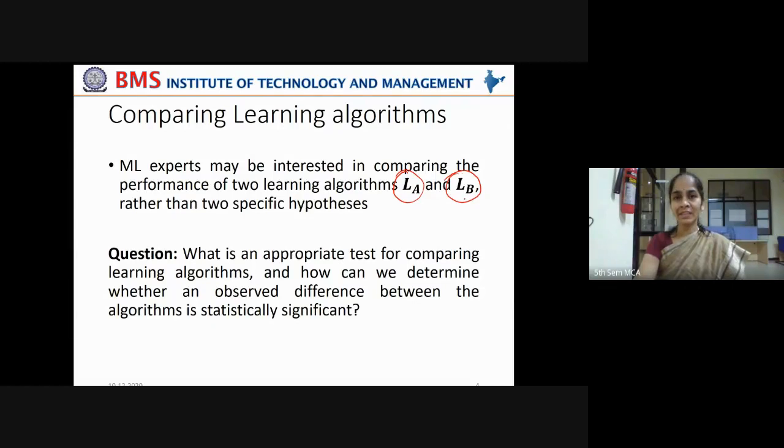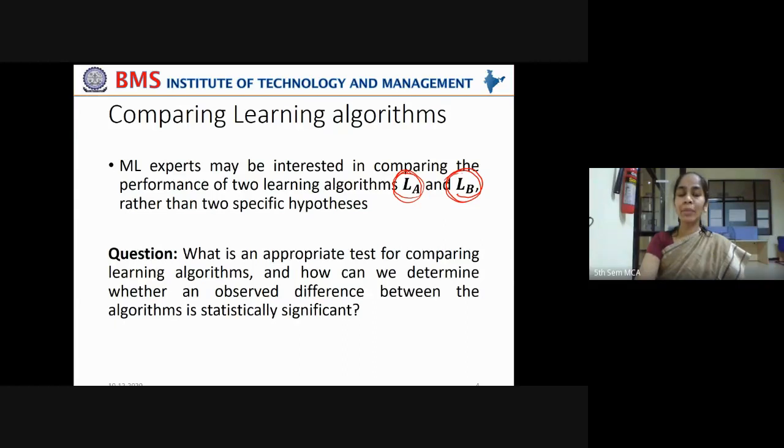In the second case, it has taken the Gaussian Naive Bayes algorithm. So this is the learning model which has been trained by using algorithm A, and this is a learning model which has been trained by using algorithm B. Okay, so these are two learning algorithms, LA and LB.